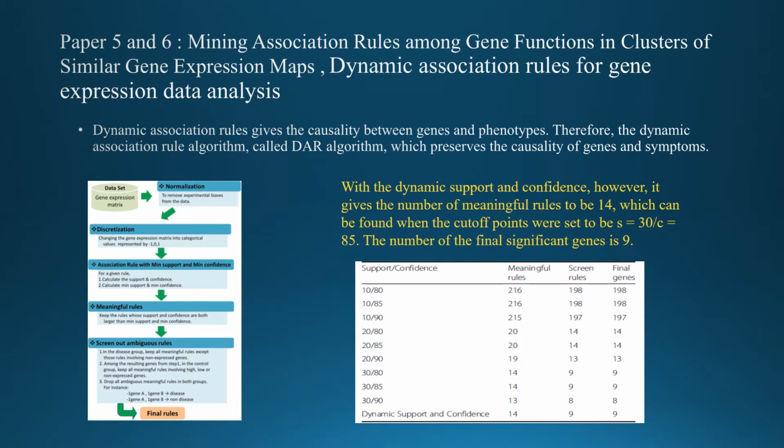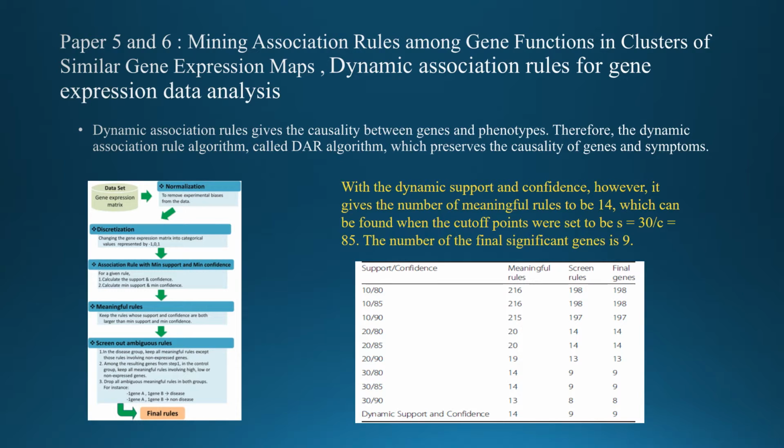So with the dynamic support and confidence, it gives the number of meaningful rules to be 14, which we can see here, the meaningful rules, which can be found when the cutoff points were set to be support equal to 30 and confidence equal to 85%.